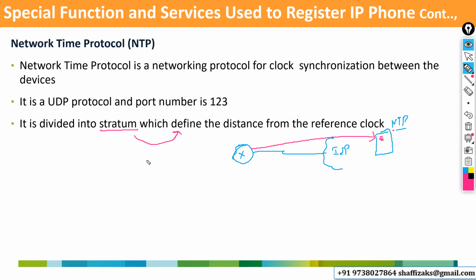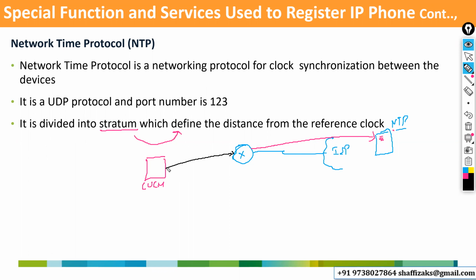Now, we have the CUCMs, right? We have the CUCM here. Now, how do we get the NTP information to the CUCM? The gateway is connected to the ISP, and it is getting that. Now, how does CUCM get it? CUCM will get NTP information from the gateway.